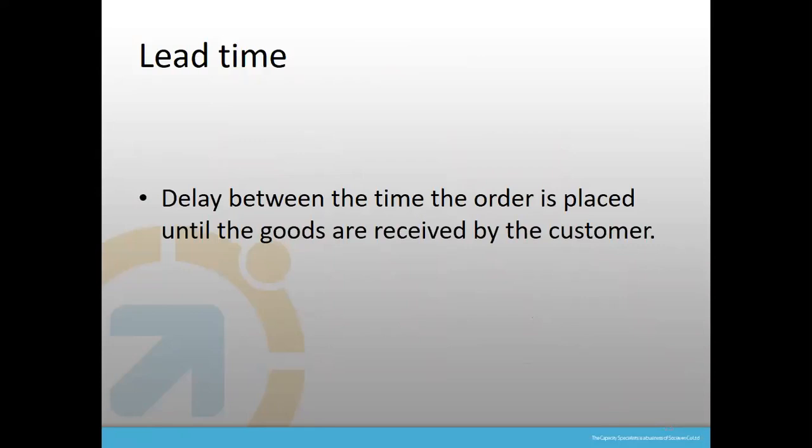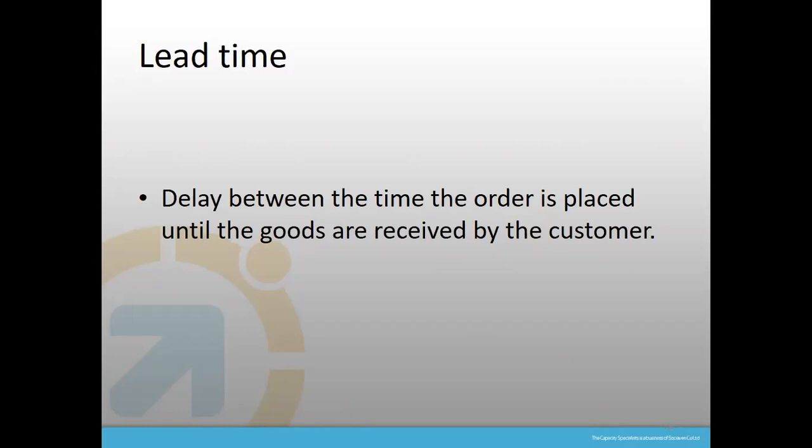One thing we need to know is that we have a lead time. When we order some chairs or some backrests, raw material from our supplier, we do not order them now and get them now. That's not the case. Maybe we place an order and we have to wait 2 weeks until we receive the goods.